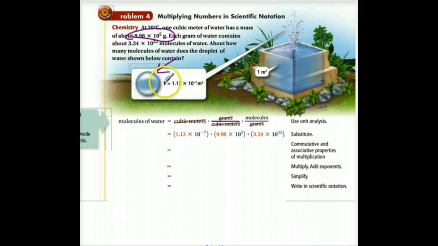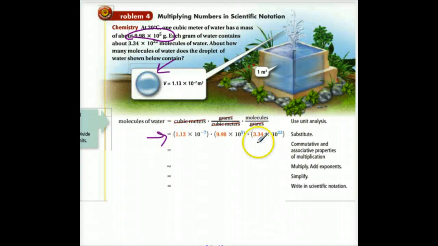All right, so they use this volume formula for this water droplet right here. And we're going to multiply that by the mass, 9.98 times 10 to the 5th, times how many molecules each gram of water contains. That was this scientific notation number right here.